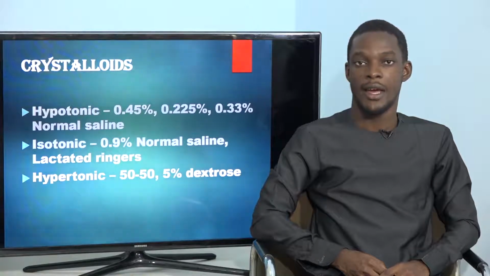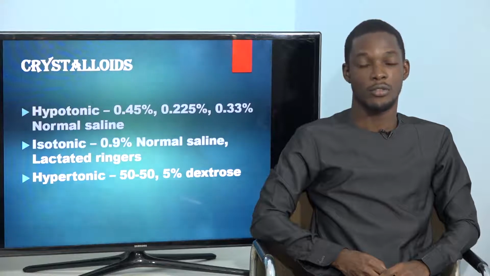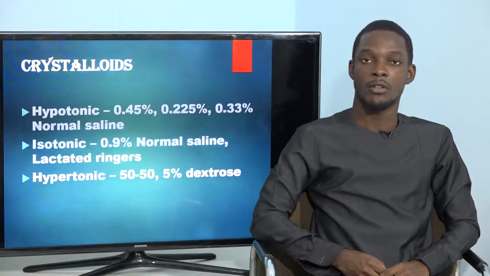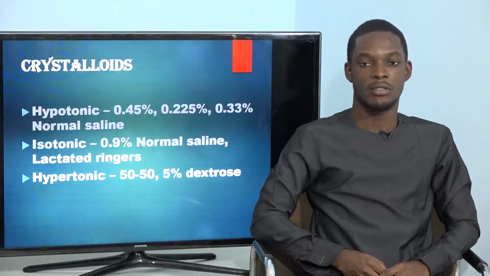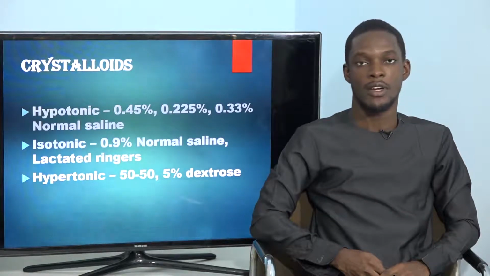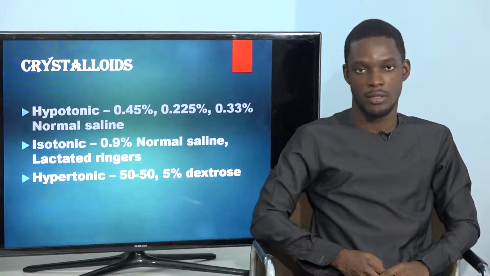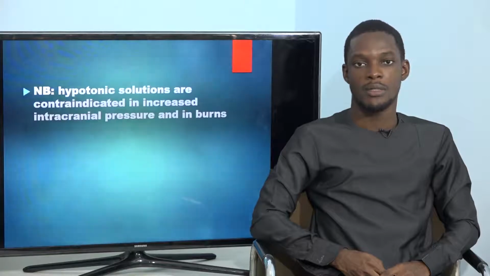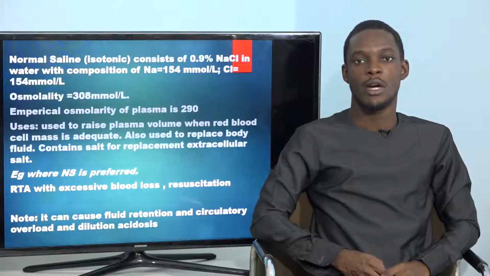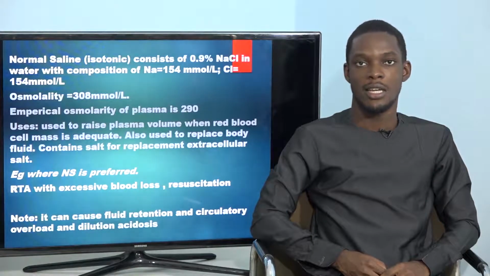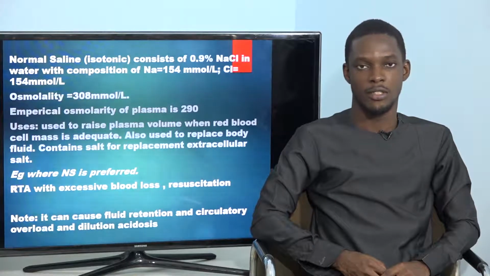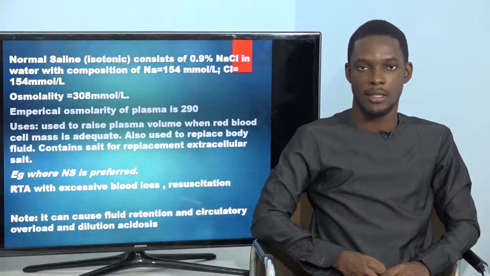And then under the hypertonic solution, you may have 50-50 solution, or you may have a 5% dextrose. 50-50 solution is simply a 50% dextrose solution, and you will have a 5% dextrose being part of the hypertonic solution. As we go on to explain further, you will understand why we have hypertonicity and hypotonicity within the solution.